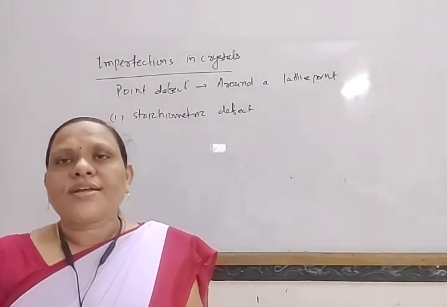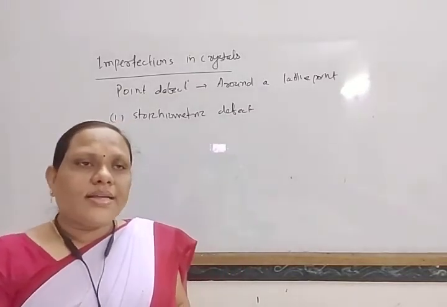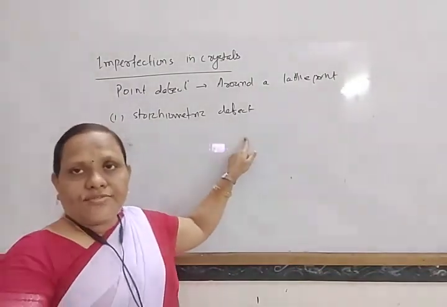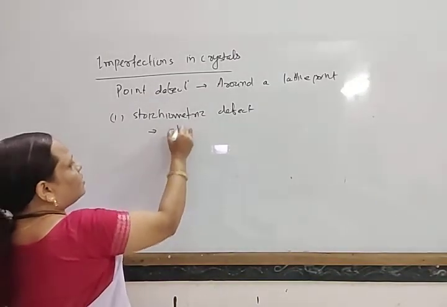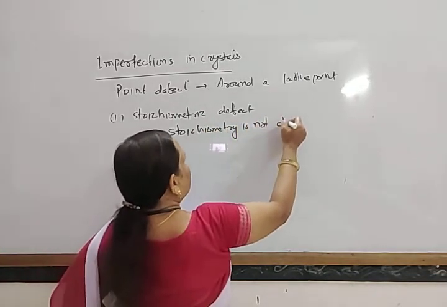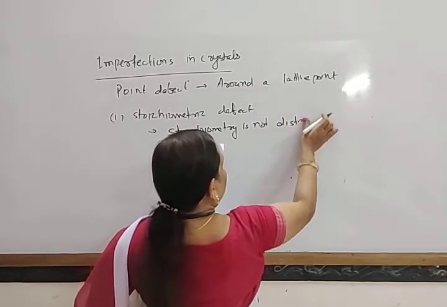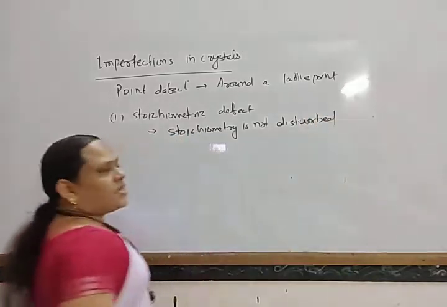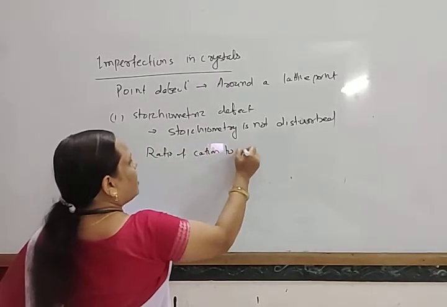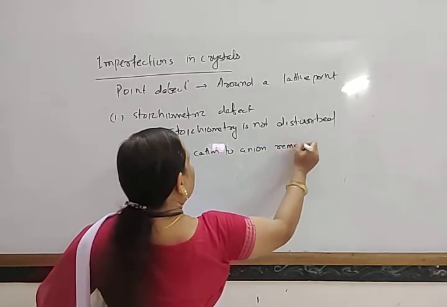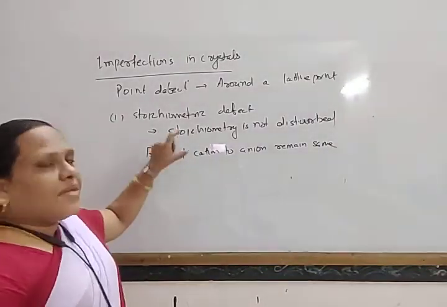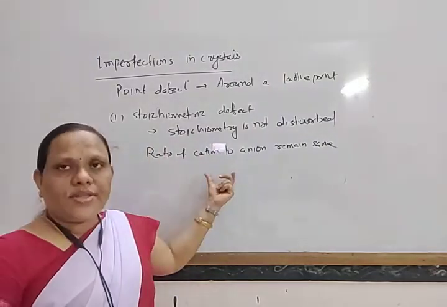That means the ratio of cation to anion, as represented by the chemical formula, is not disturbed and remains the same.